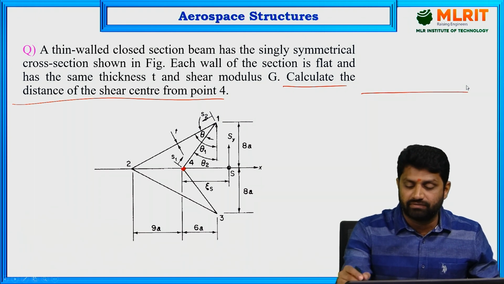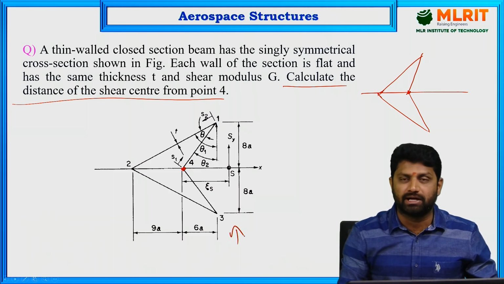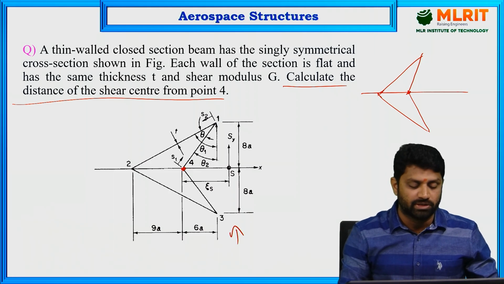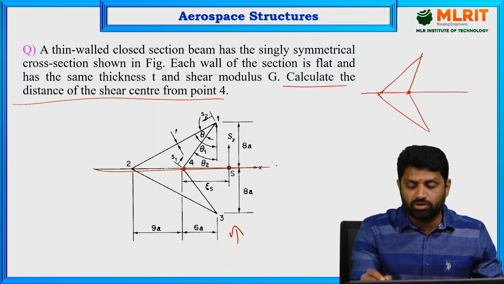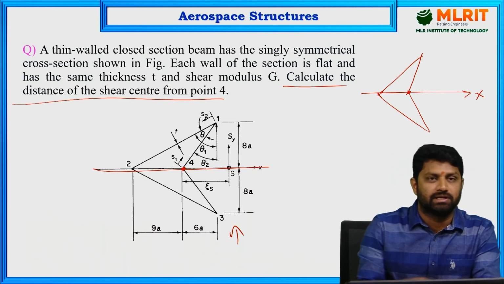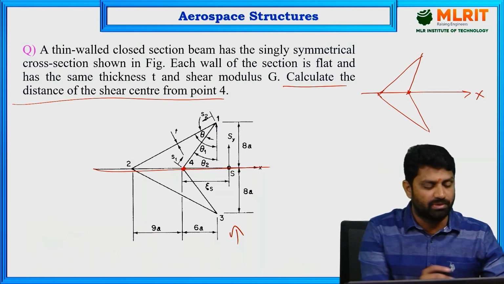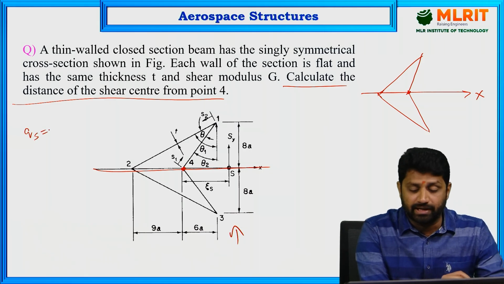Rather than looking into the problem diagram directly, let's try to understand it. We know the formula, and the given section is symmetrical about the horizontal axis.